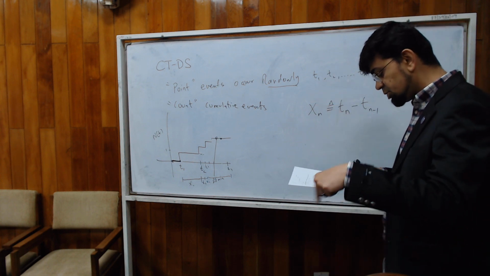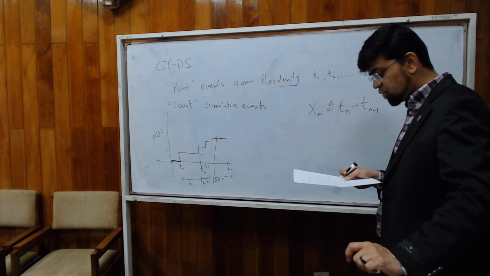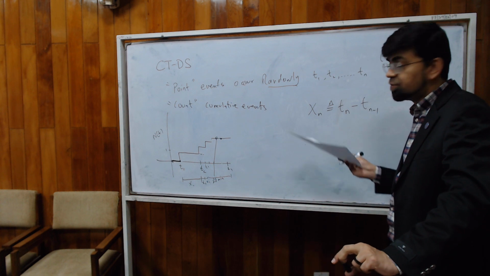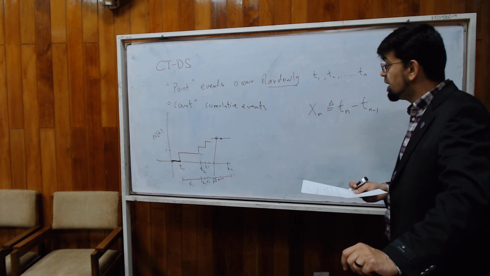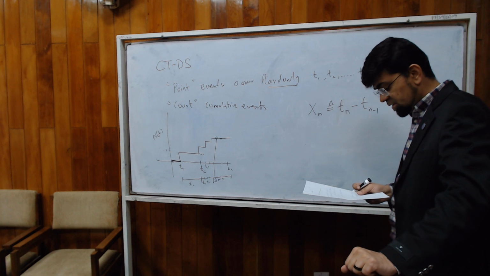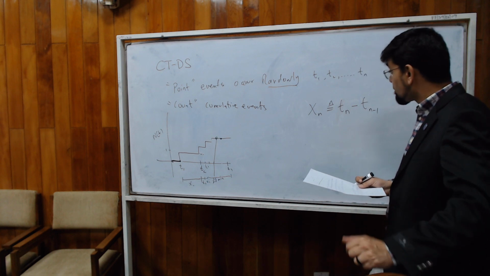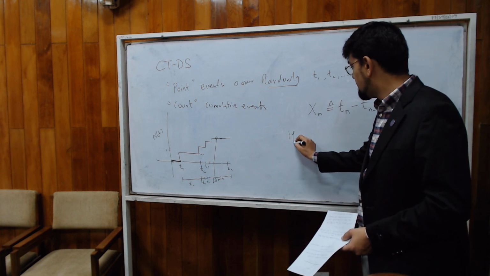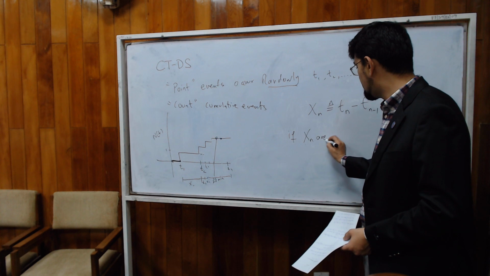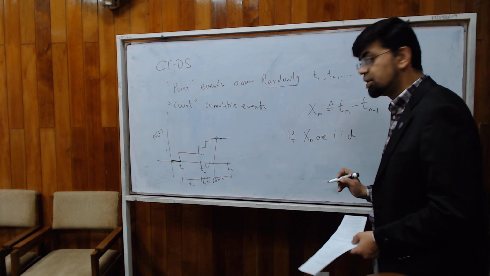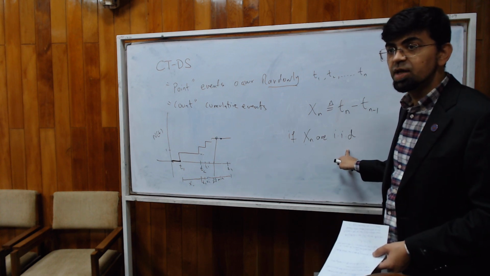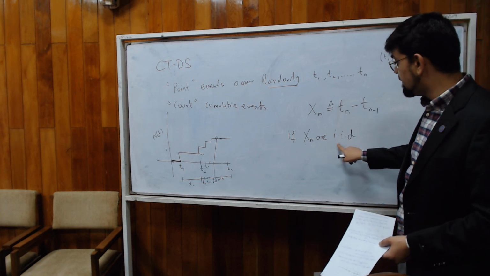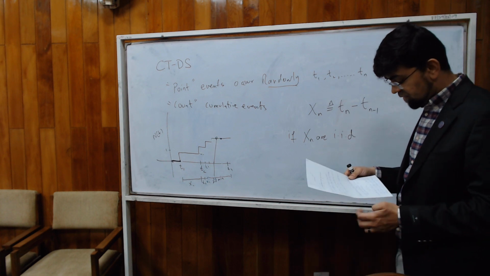But now this is one interesting condition that we are going to put on it, that will give us a subclass of the point processes. That is called renewal processes. The condition we are going to put on it is this: if xn are IID. Remember this? We discussed this two lectures ago when we discussed moving average. Independent, identically distributed.